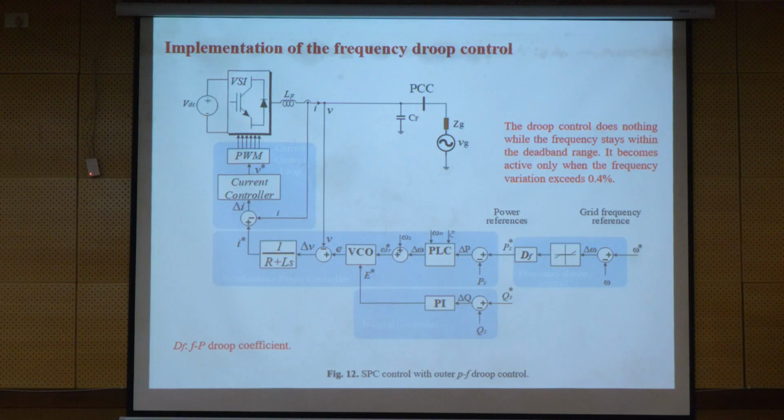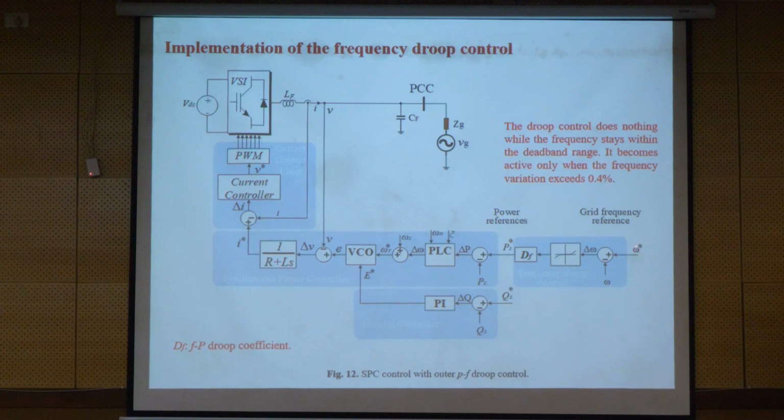No, what is the value? Frequency. 50. Yes, 50 hertz. Okay. So we need to have 50 hertz, 2 pi times 50, 314. Okay. But the frequency that we have in the grid is omega. So it can be 50, it can be 50 point something, 51, 52, 49, something like this.